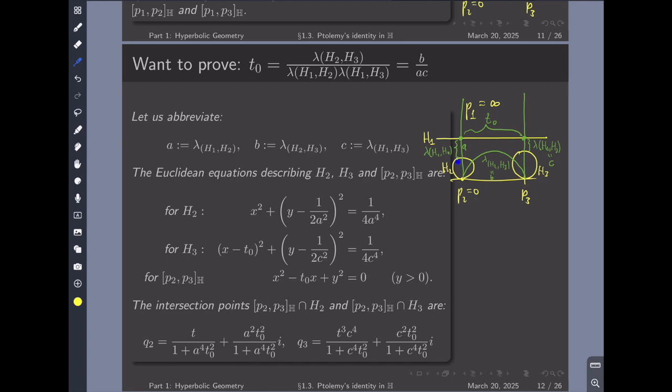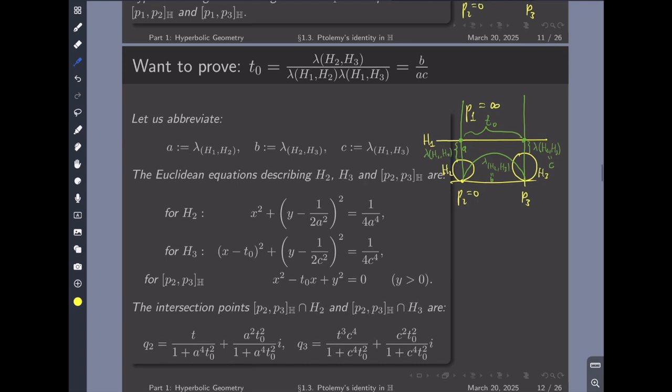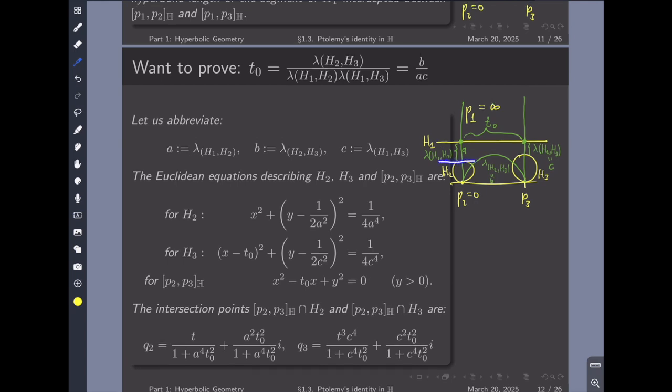So what you have to show is that this Euclidean height here is 1 over a squared. That's what you have to show, right? And it's not 1 over a, for instance. Sorry, 1 minus a, for example.